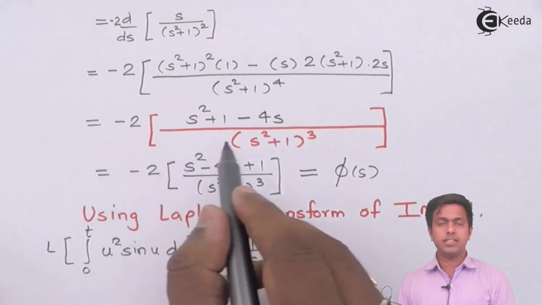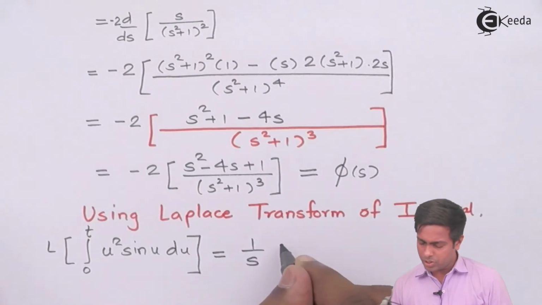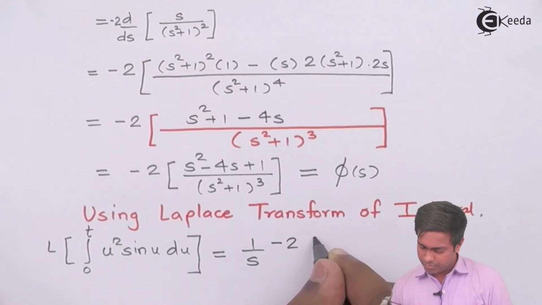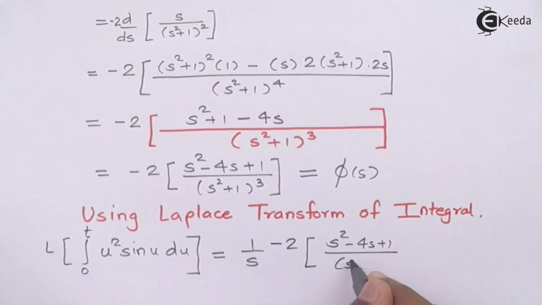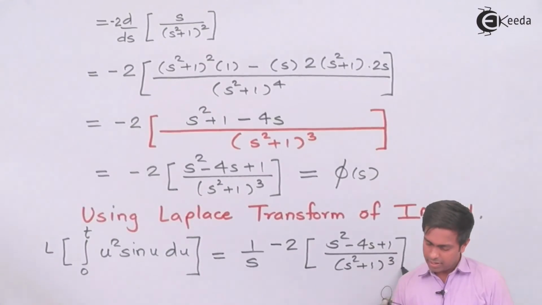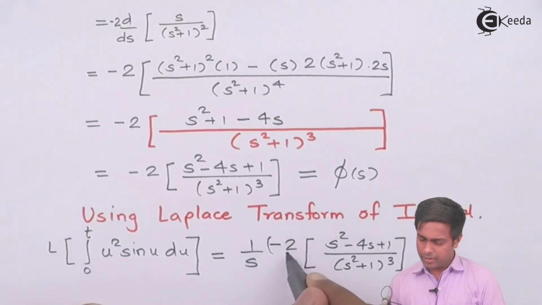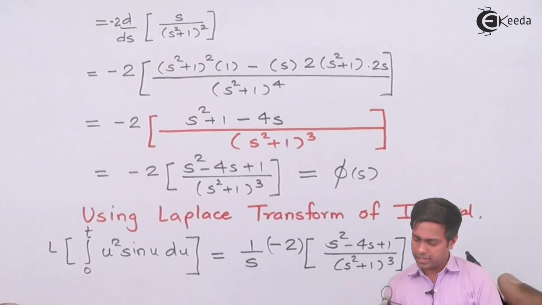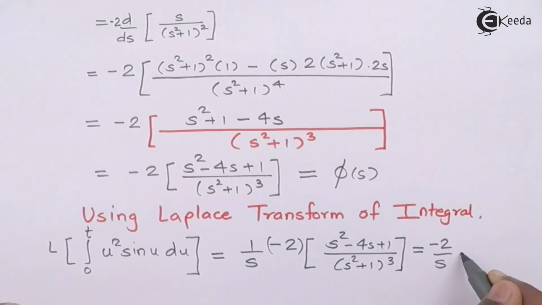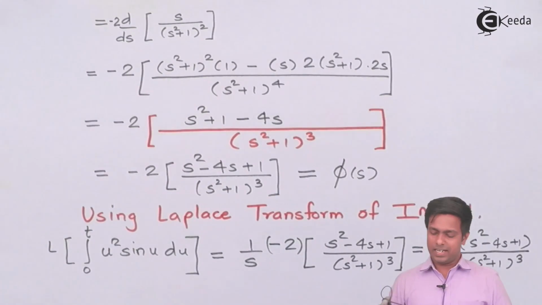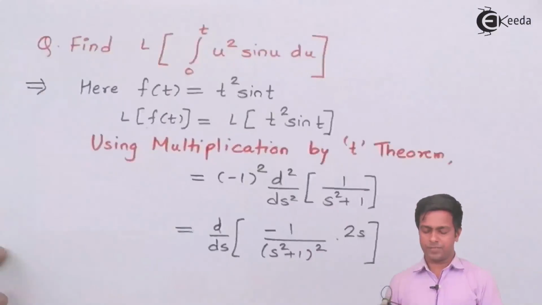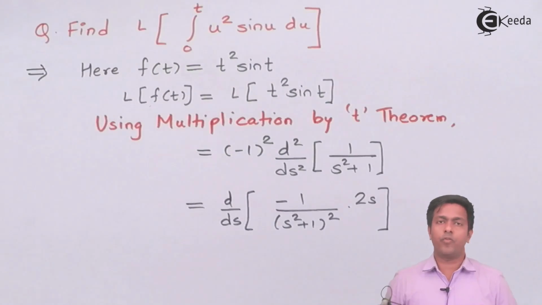So the value of phi of s is this, so that will become minus 2 into (s square minus 4s plus 1) upon (s square plus 1) the whole cube. And guys, if we write it properly, then we will get minus 2 by s into (s square minus 4s plus 1) upon (s square plus 1) the whole cube. And this is nothing but the Laplace transform of the given function. So here we got the value for the given function.